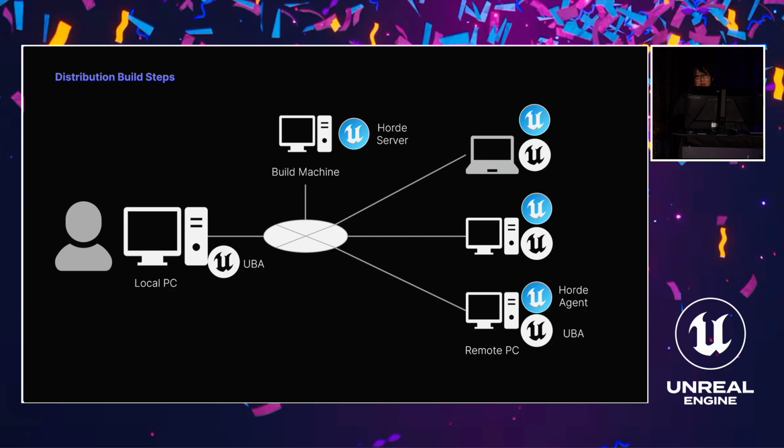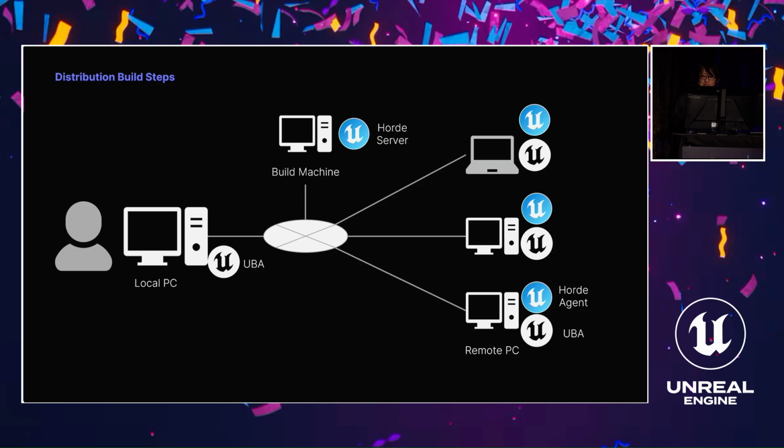Let's examine how distributed builds work. This diagram shows the structure and the system for using UBA. The local PC is your PC, and it is the starting point. UBA is required to perform a distributed build, and you can pre-deploy or place your application on the local PC. To perform a distributed build, a machine is needed to control the distributed tasks.